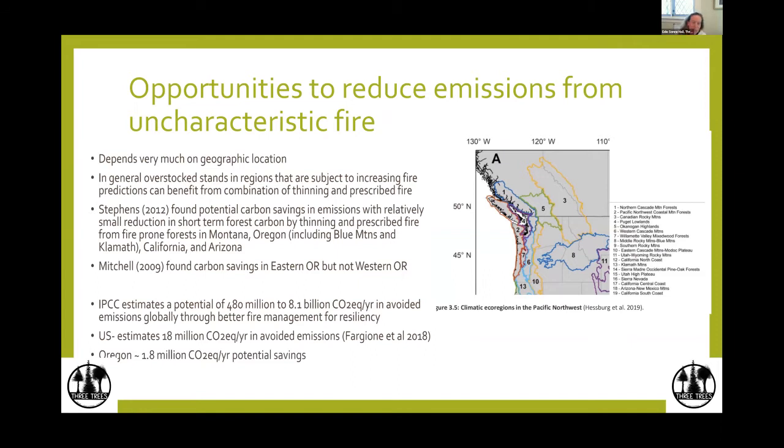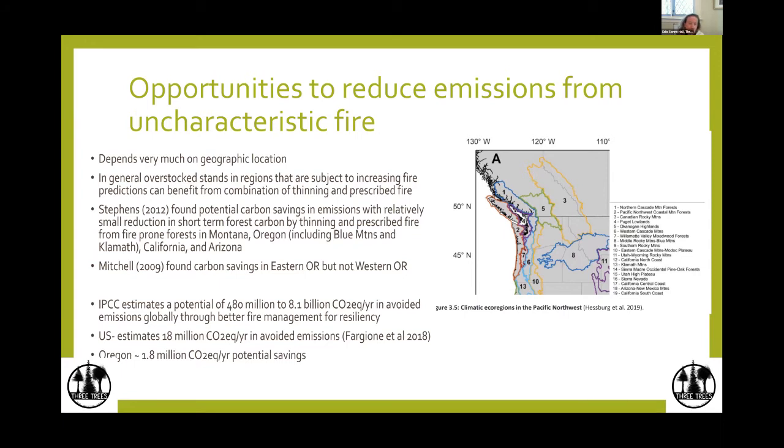So what do you do about it? Well, this very much depends on geographic location. In general, overstocked stands in regions that are subject to increasing fire can benefit from a combination of thinning and prescribed fire. There's been a lot of research on this, and it really does depend on the stocking of your stand right now and also the risk of fire.